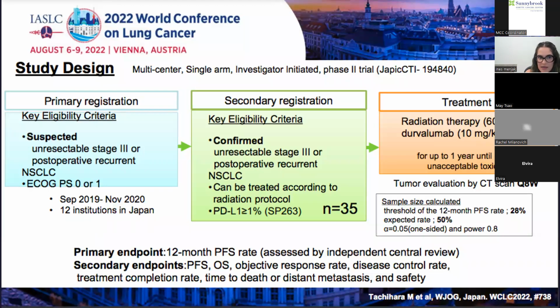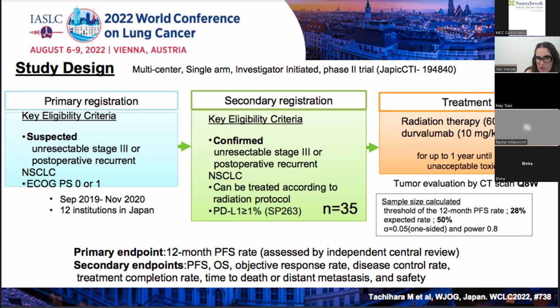So the study design: in the primary registration, patients with suspected non-small cell lung cancer, unresectable stage 3 or postoperative recurrent, with an ECOG 0 to 1. Then they underwent a secondary registration, and the eligibility criteria required confirmed unresectable stage 3 non-small cell lung cancer or postoperative recurrence.